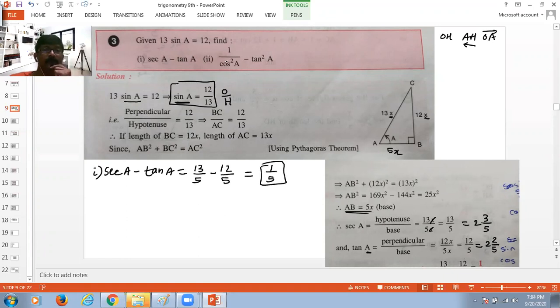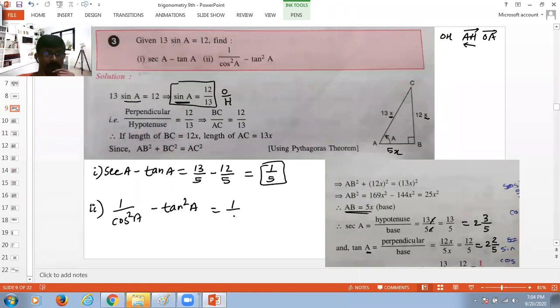Now what is the second part? 1 upon cos square A minus tan square A. So again, what do we have to do? 1 upon, what is cos? Cos is adjacent upon hypotenuse.